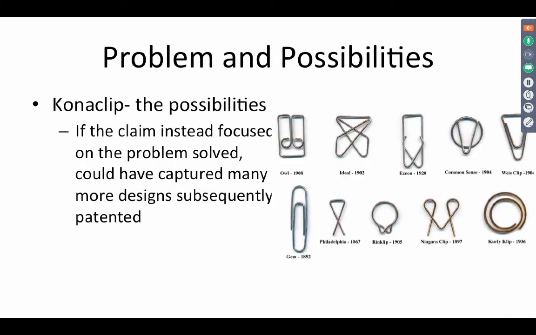Now, there are more instances of what could amount to coming through the middle of the device, but it could not capture all these things because it was not focused on the problem.